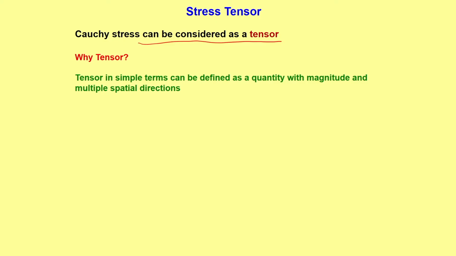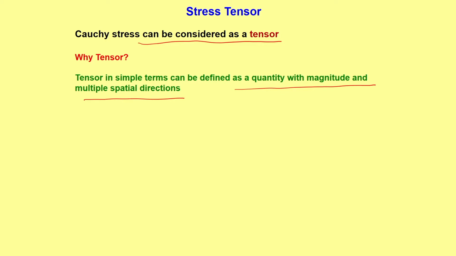We know what are scalars, we know what are vectors. So, tensor is also a similar kind of quantity. It is very convenient to express stress as a tensor. In simple terms, we can say that a tensor can be defined as a quantity with magnitude and multiple spatial directions.